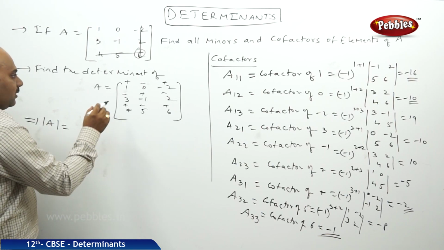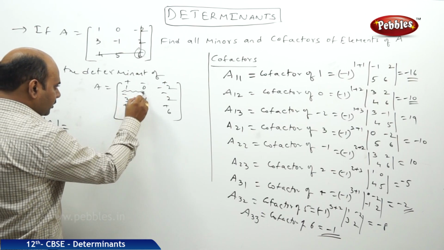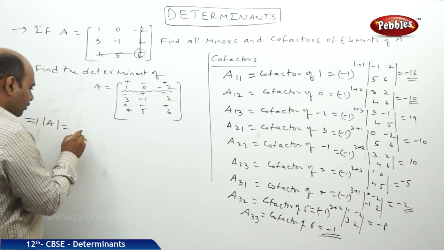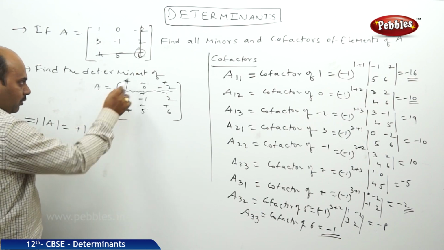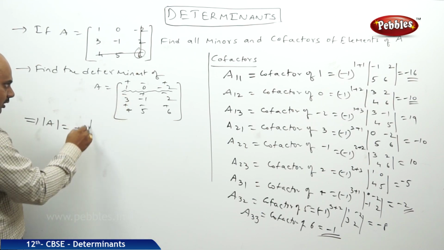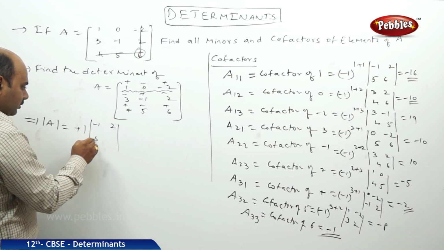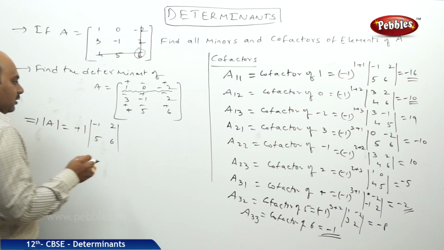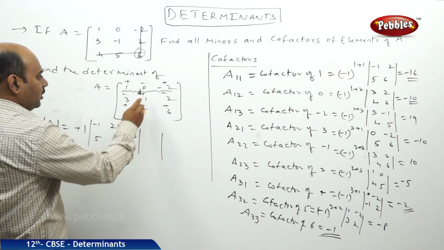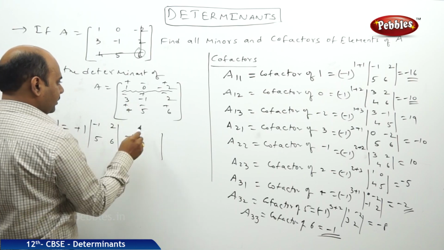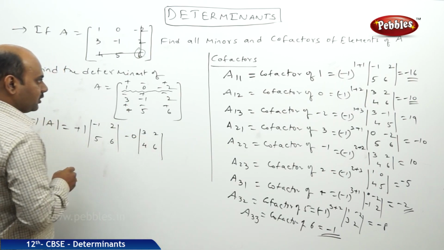So here I'm going to do it with respect to this particular row. So here 1 will be there. Above 1 there is a sign plus, so plus 1 into its minor: minus 1, 2, 5, 6. Later 0. So here minus sign into its minor: 3, 2, 4, 6.